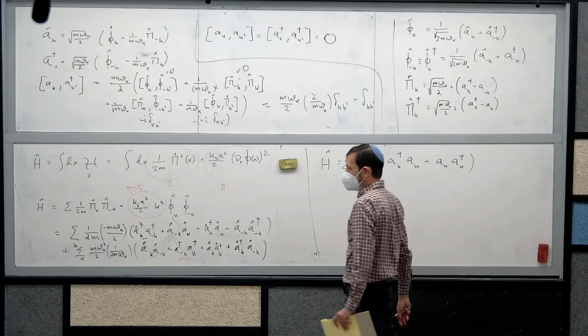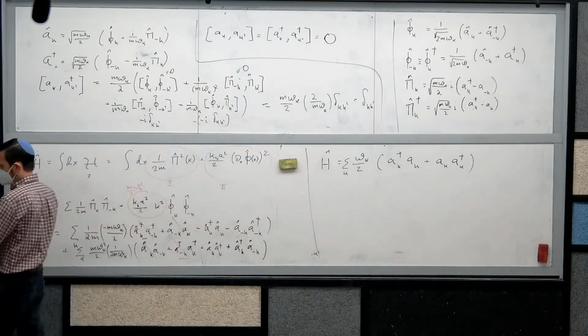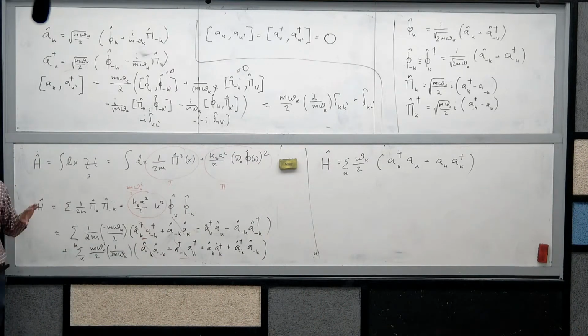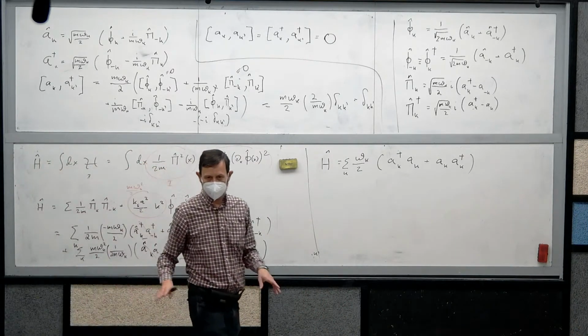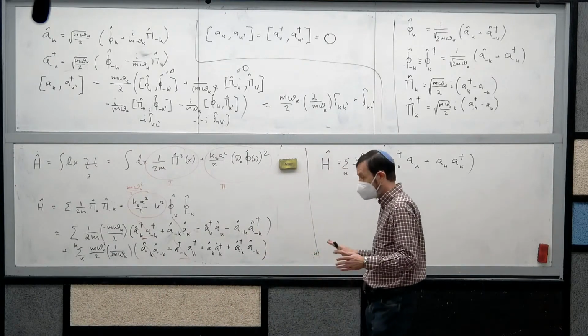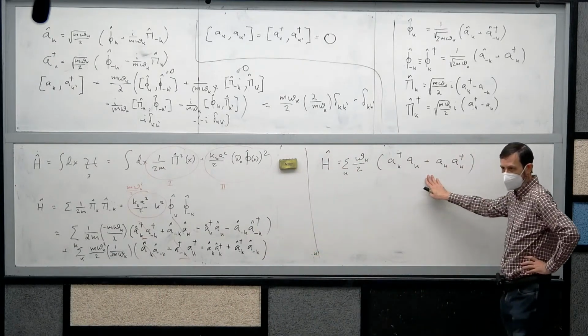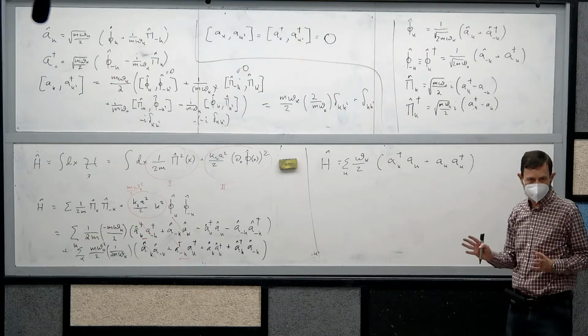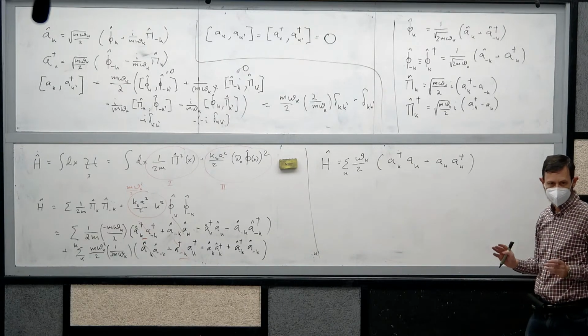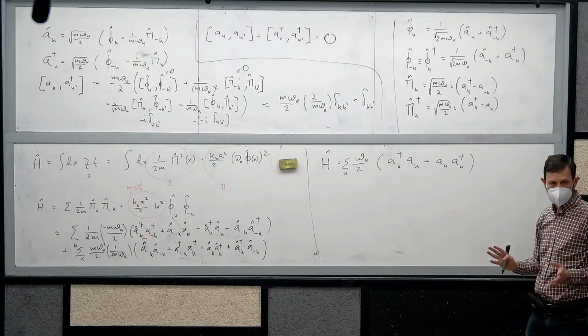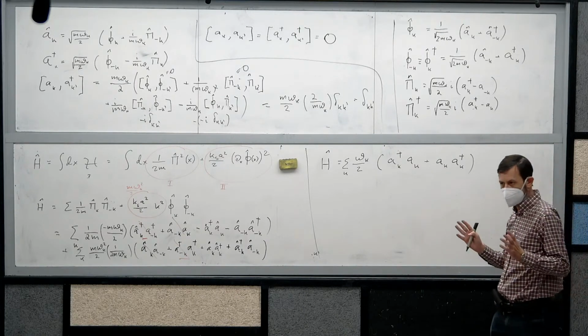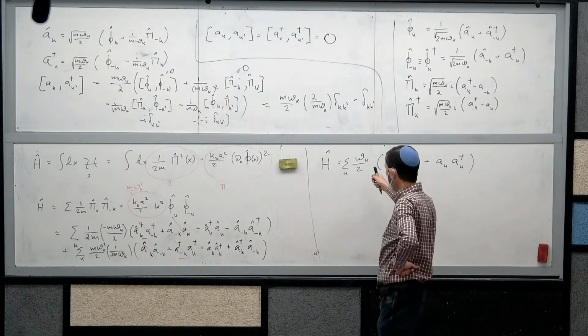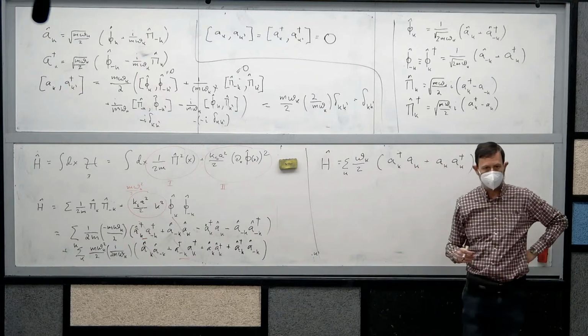So we spent quite some time tidying up this k and minus k problem, but we see that in the end of the day we have here independent harmonic oscillators, a set of infinite number of independent harmonic oscillators.